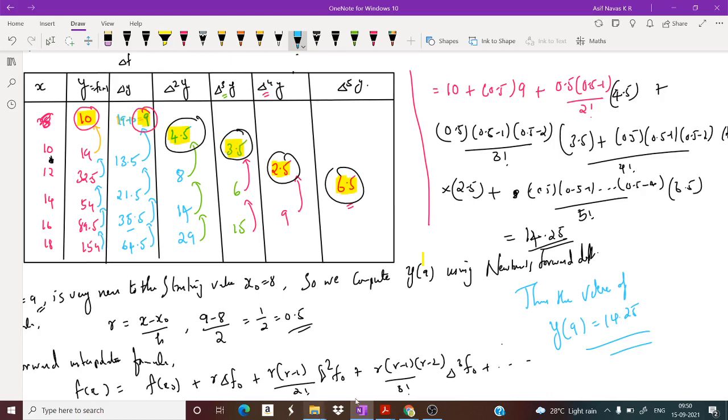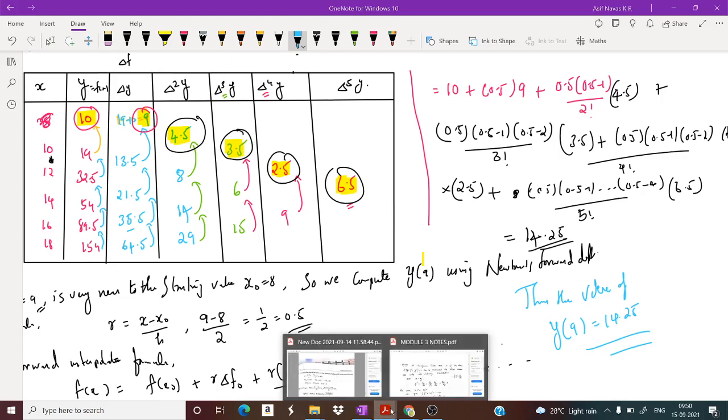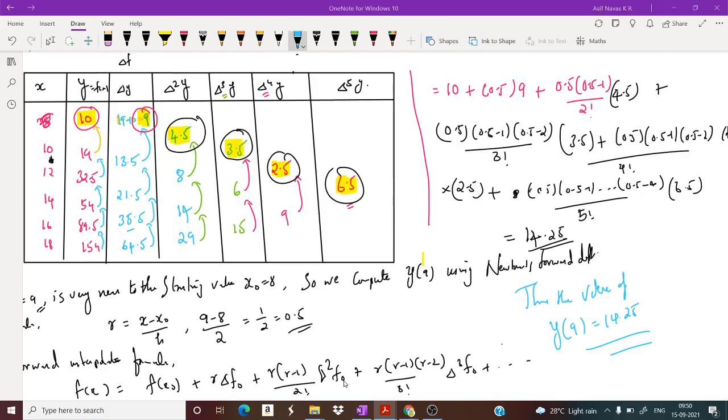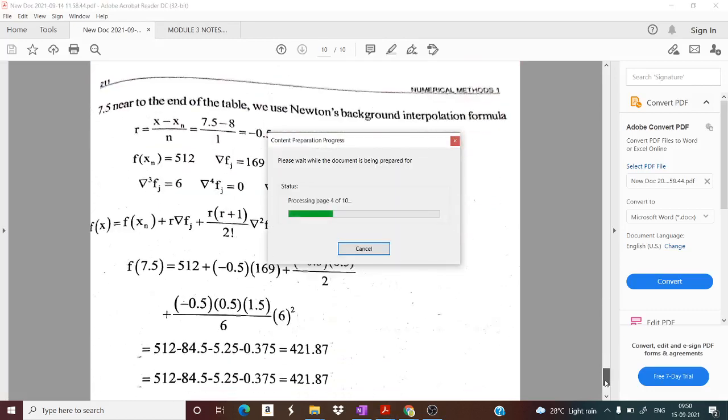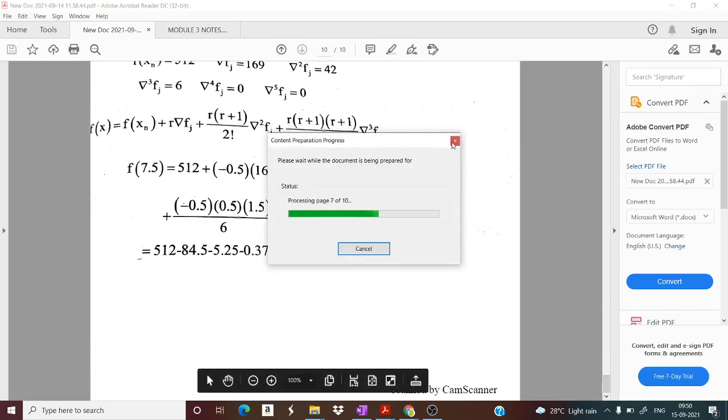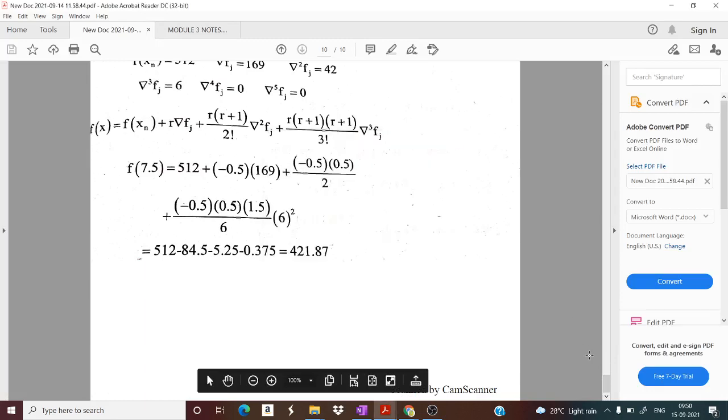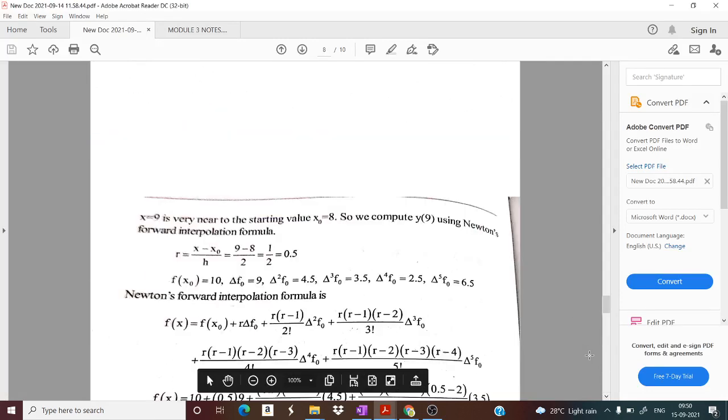Now I will show you a problem involving Newton's backward difference formula.